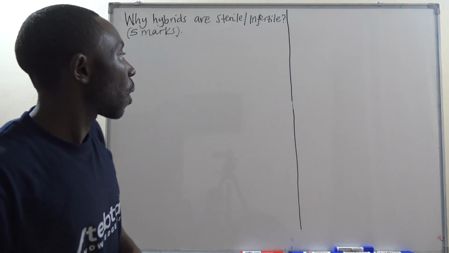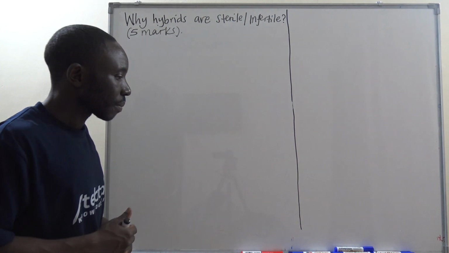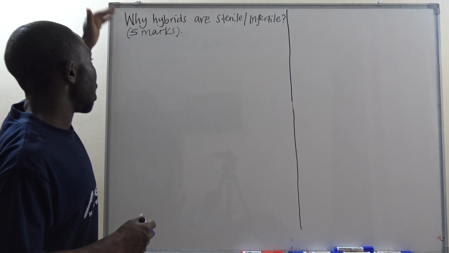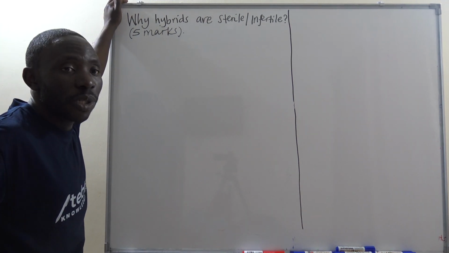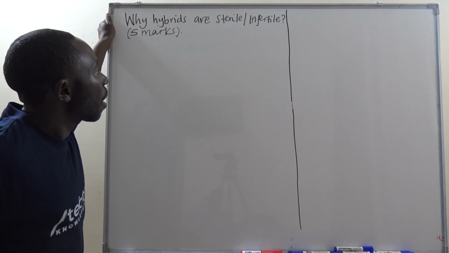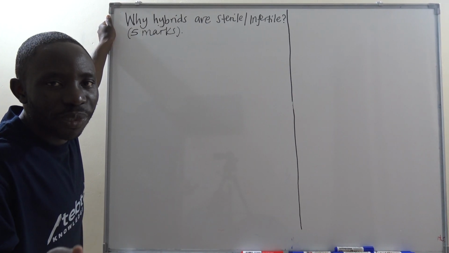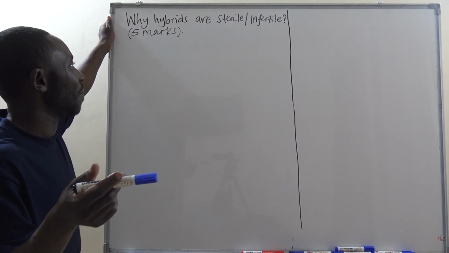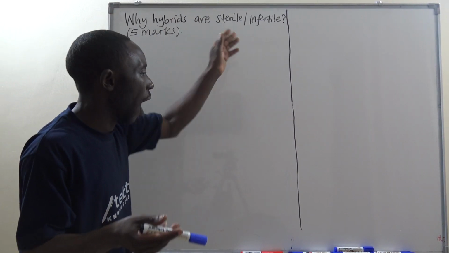For example, we know that the hybrids which are formed from parents of different species but closely related are always sterile. So now the question is why?